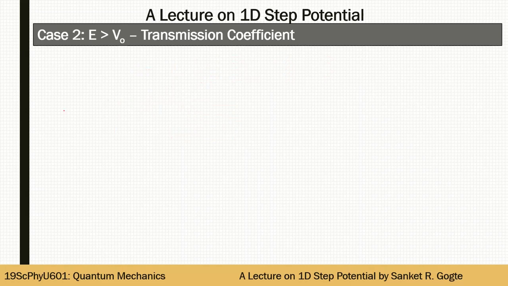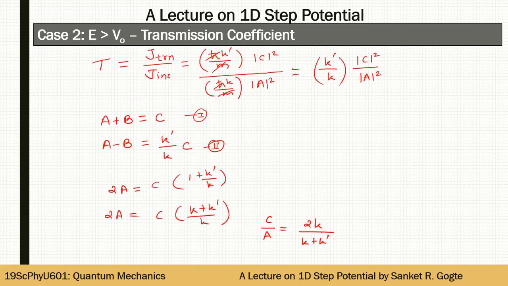Okay, so let's now calculate the reflection coefficient. Now there are two ways to calculate the reflection coefficient. I can consider this ratio of J reflected to J incident, or I can simply subtract T from 1 and calculate R. What I'll do is I'll calculate it explicitly.